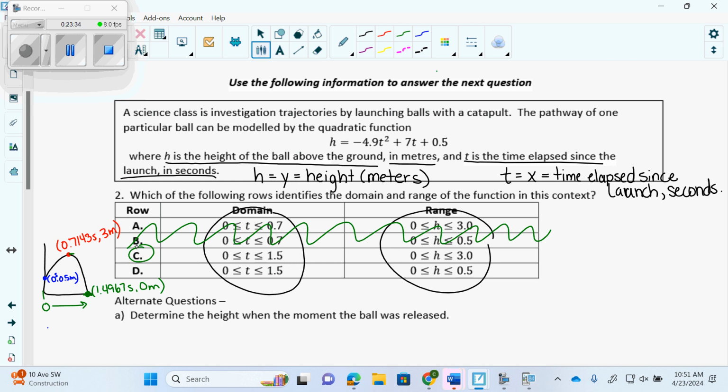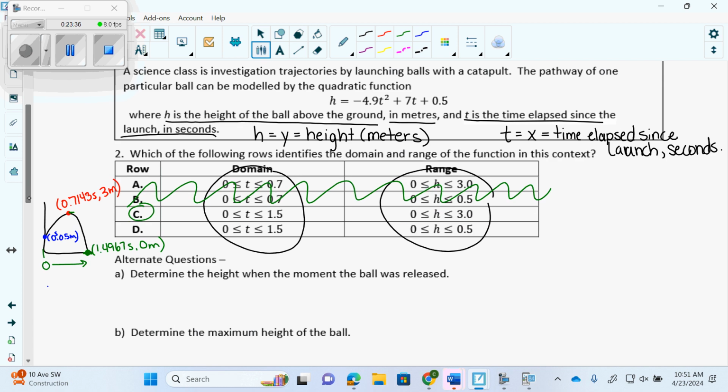Now here it says, determine the height at the moment the ball was released. So we want height. Ball was released is a fancy way of saying time equals what? 0 seconds. So what was my height at 0 seconds? 0.5.